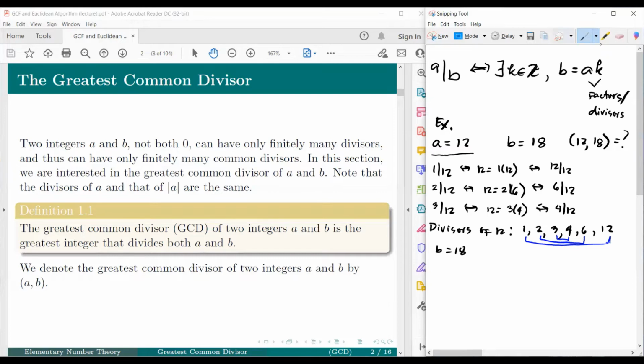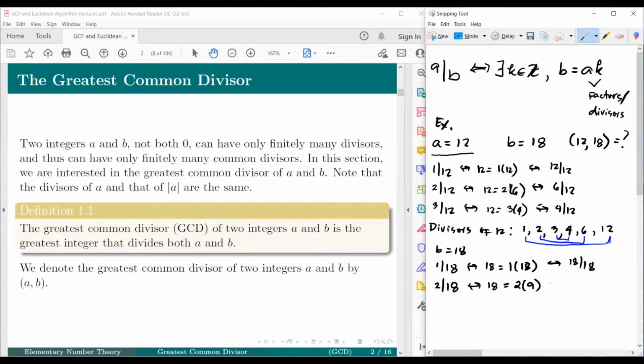So let's proceed to 18. With b is 18, we know that 1 divides 18, and we can write it as 18 equals 1 times 18. From here, we can say that 18 divides 18. Next, 2 divides 18, since we can write 18 equals 2 times 9.